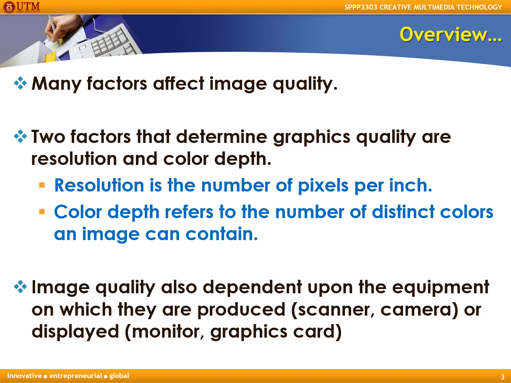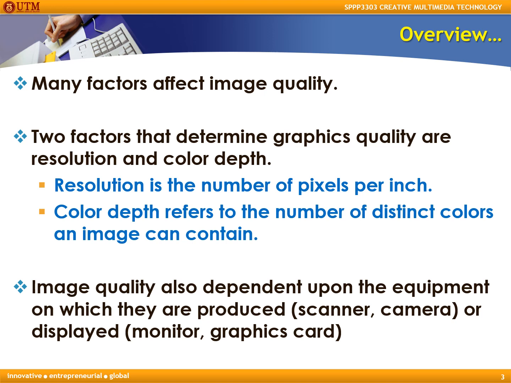So the image quality, other than the resolution and the color depth, also depends on the equipment itself. For example, the type of the camera. As I mentioned, there are professional cameras and cheap cameras, and the type of the lens itself.